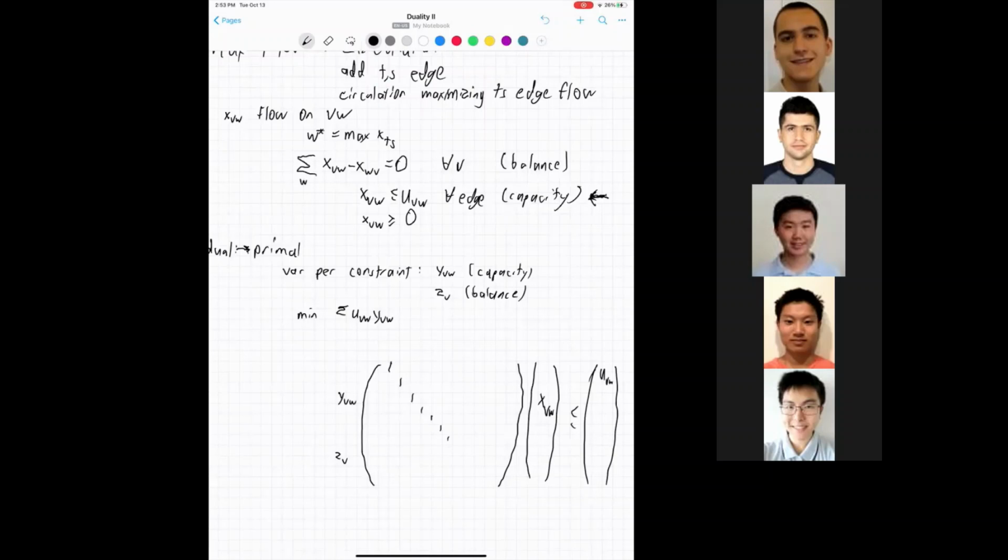Now, what about the balance constraints? What sort of rows do those turn into?